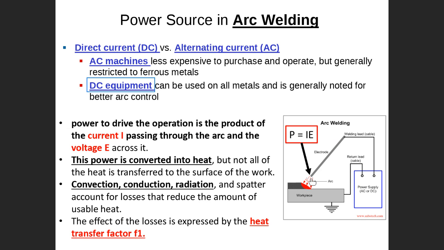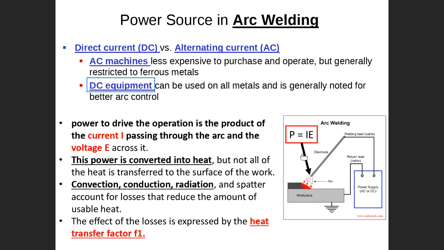The power delivered as a source in arc welding, listen to me carefully. In arc welding, the power delivered at the source is IE, because current I passes through the arc at voltage E. Then IE is the power delivered at the source.